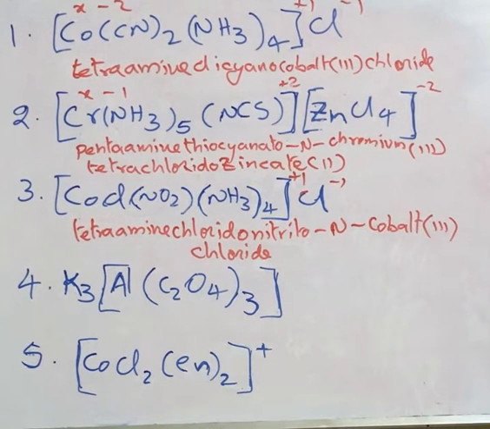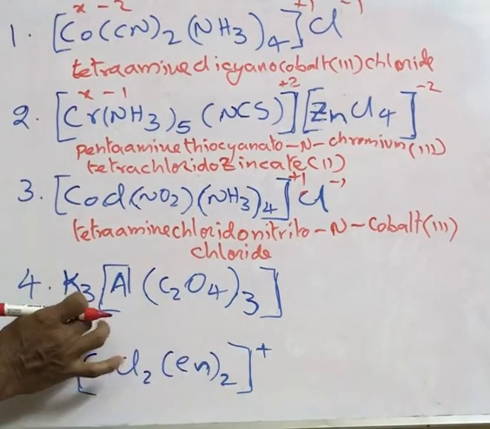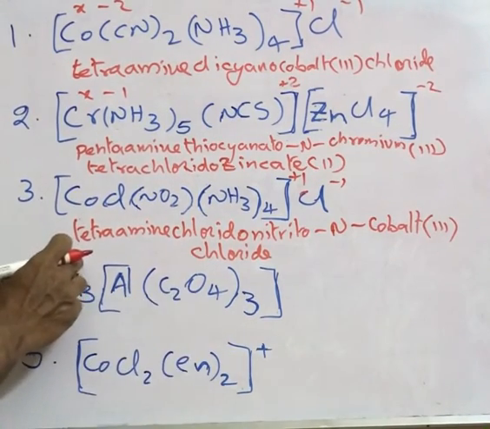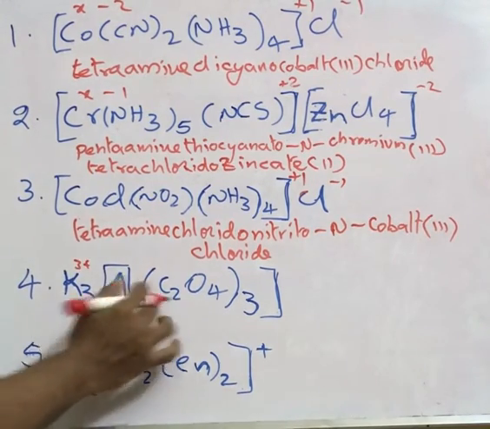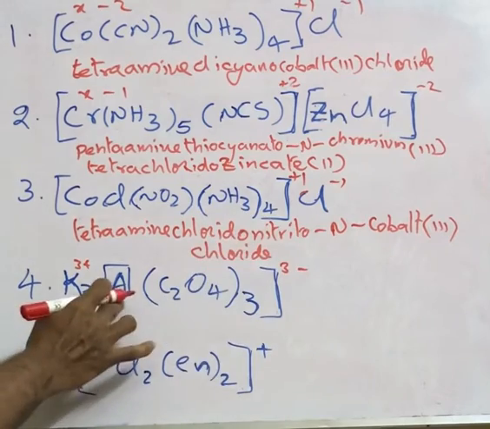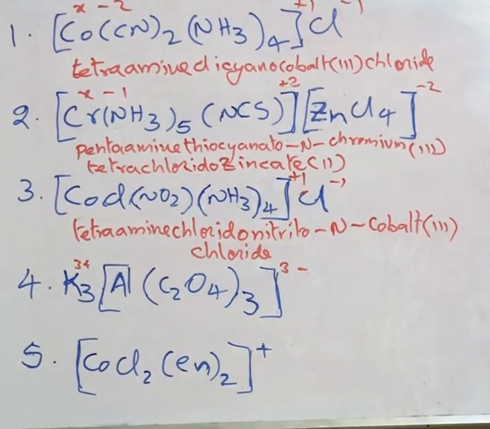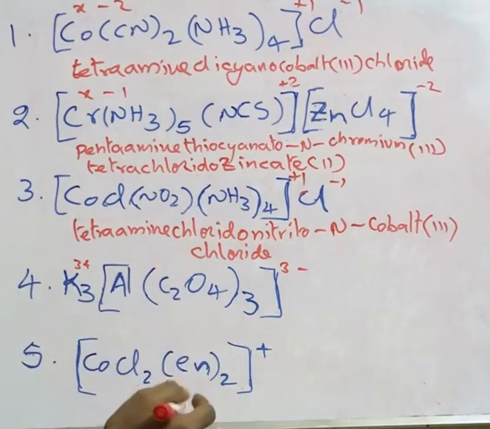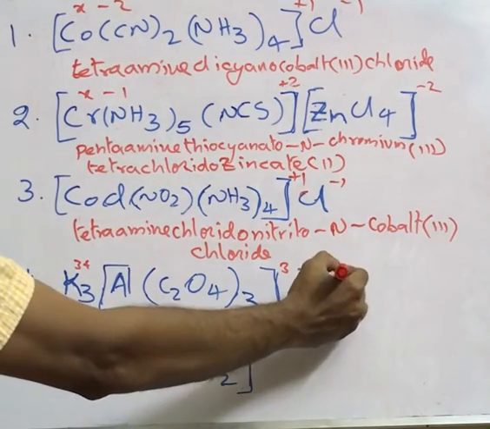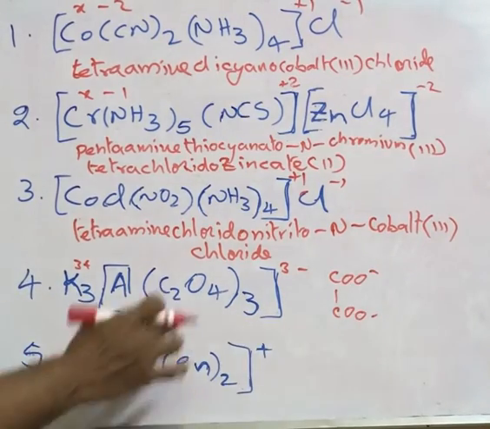Okay, the next one. As I told, first the cation, then the anion. K plus 1, so total 3, so here it will be 3 minus. Then aluminum, oxalate is not neutral. Aluminum is X, C2O4, oxalate is -2, because we can write COO minus, so it is -2.